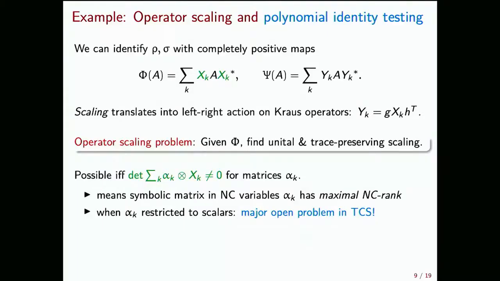Namely, the scaling problem again has an algebraic characterization, and it can be solved if and only if this funny object is non-zero. We're given a bunch of matrices X_k. And now we're looking at something like a linear combination of these matrices, but it's not really a linear combination: we're tensoring with some other auxiliary matrices alpha. If you can find such matrices such that the resulting matrix is invertible, then and only then can this operator scaling problem be solved.